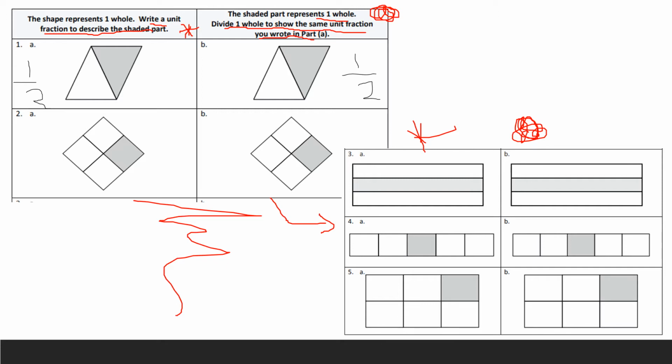I have a feeling you will be able to answer these problems very quickly, so take your time.